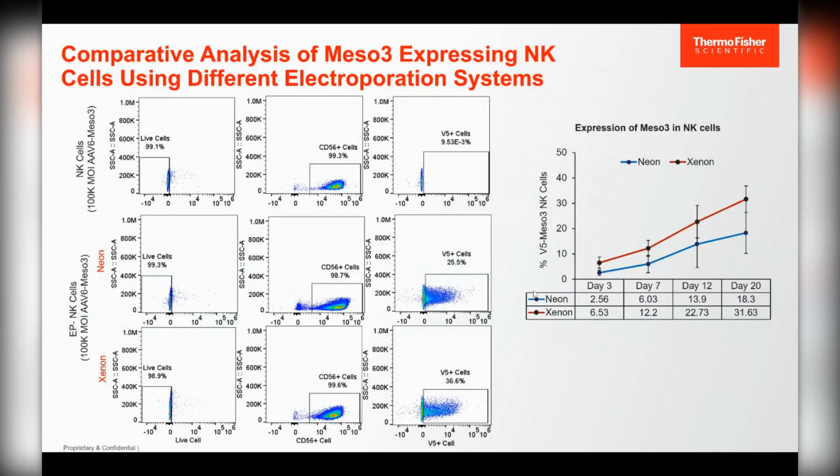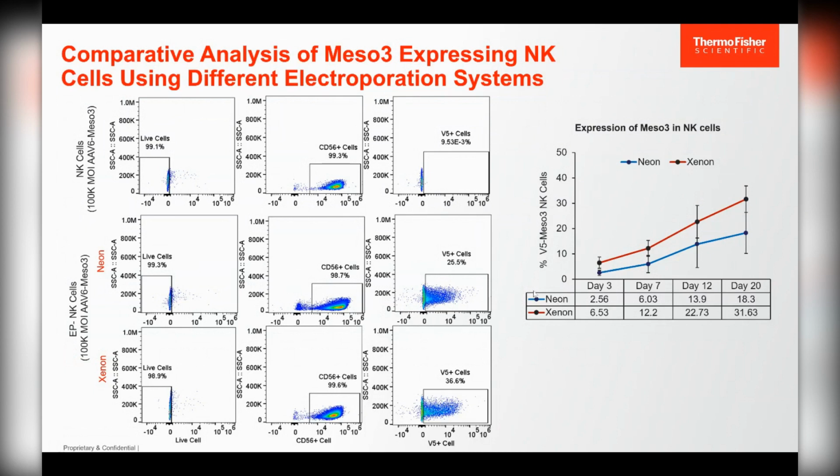Here we compare two different electroporation systems. The top one is just control cells, one representative showing how we get the cells. We use the NK cells with only 100K MOI AAV6 having meso 3, and we incubated for different time points and measured, and we didn't see the virus have any transduction or generation of CAR NK.